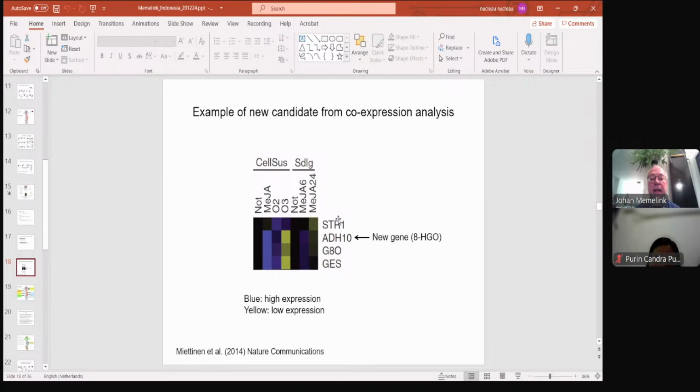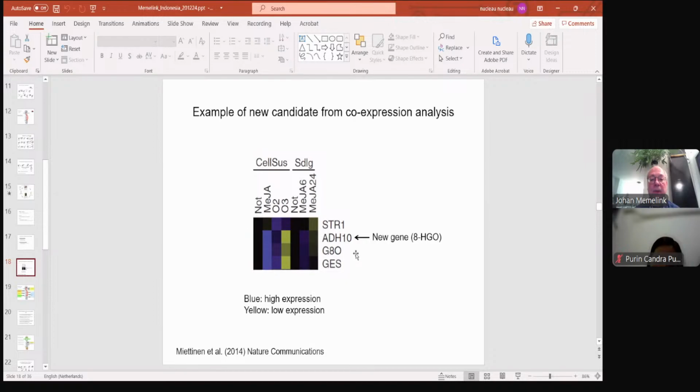Indicated are several known genes. So STR1 is a known gene that is not involved in the iridoid pathway, and then G8O and GES are two known genes in the iridoid pathway. And then we have here a candidate, ADH10, which has the same expression pattern as G8O and GES, and very different from the STR1 gene.